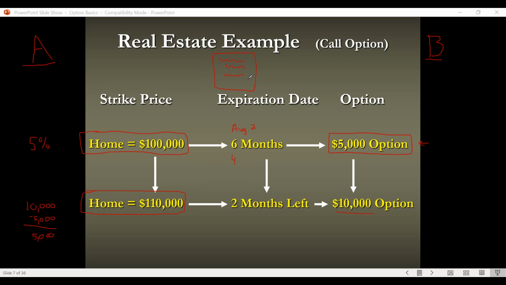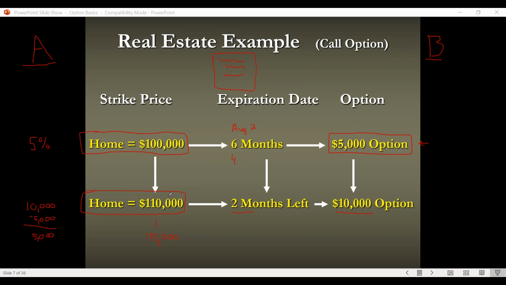You say, well, why would anyone else want to buy that contract from him? Well, maybe they think this house is going to go to $115,000 between now and when the option contract expires, and maybe they can make a little bit of money.